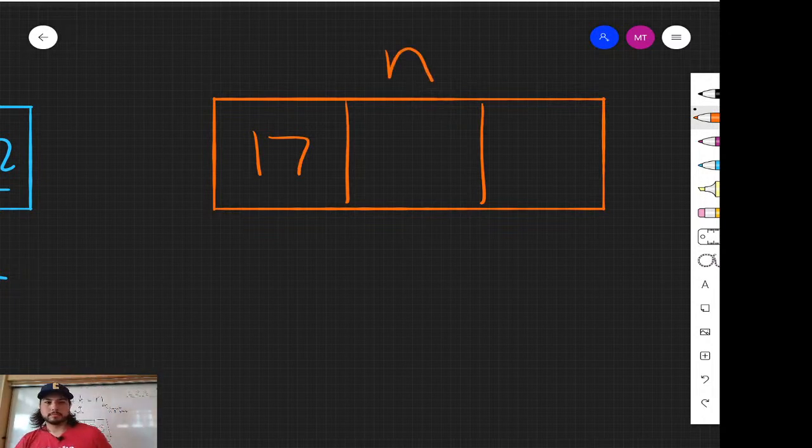Try that on. Write some equations to match this model. If there's 17 in one of our sections, how many sections do we have? And then what is the whole thing equal?